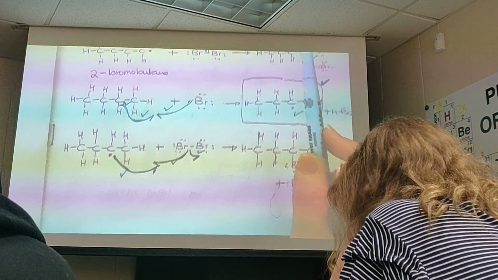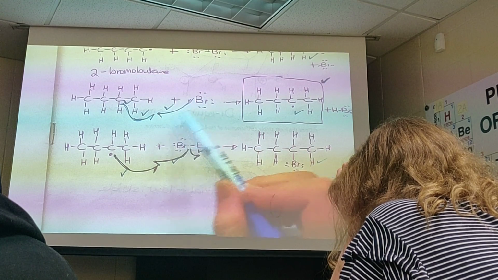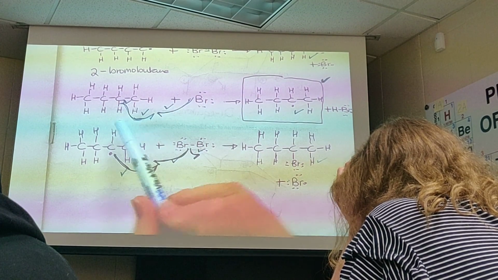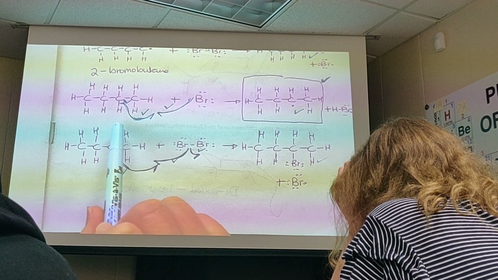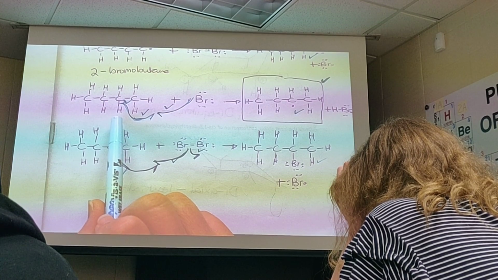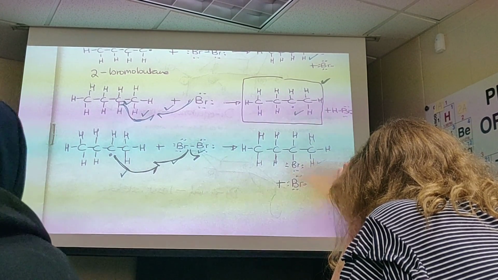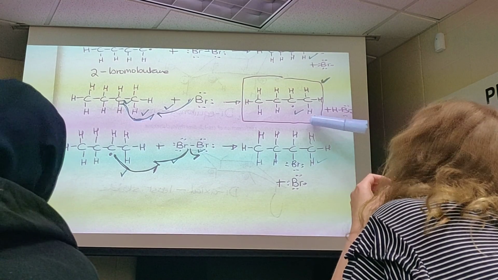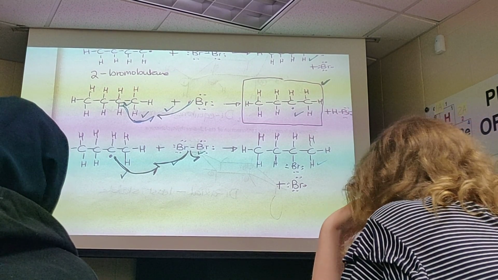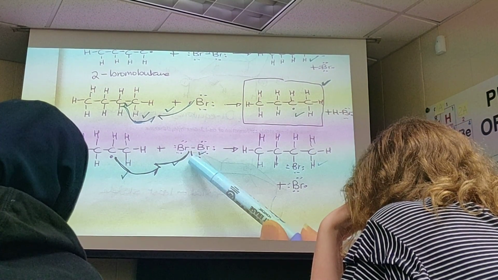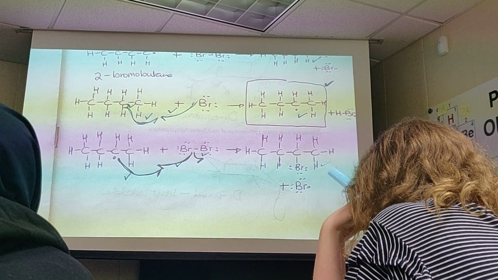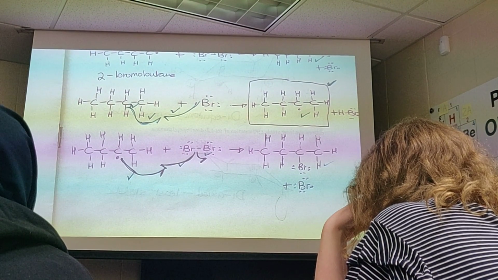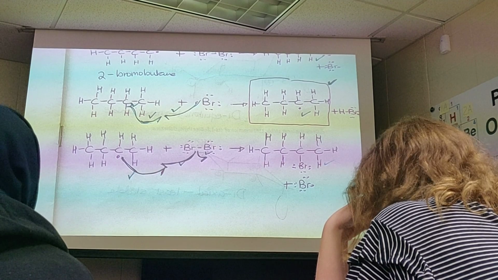For the 2-bromobutane, your bromide radical can react with the butane at the second carbon. Your secondary radical can then react with bromine to give you your 2-bromobutane and a second bromide radical.